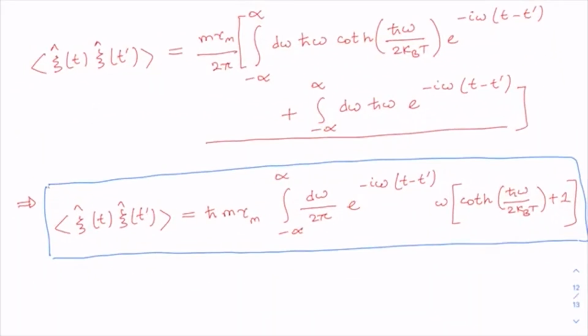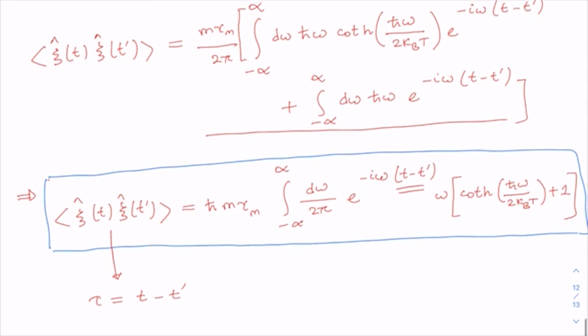You can see that the autocorrelation function depends only on the time difference, let me denote it by τ, that is τ = t − t', as you can see from this term here.